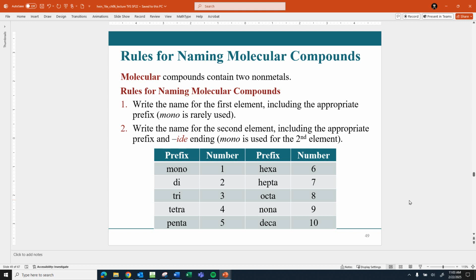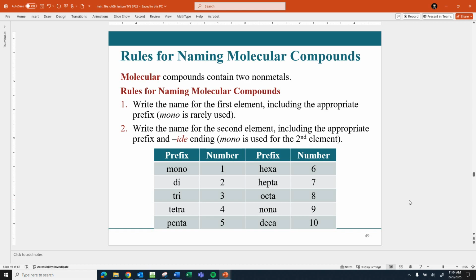Mono is 1. Dice, you normally only have 2 dice in a game. Right? Just try to think of something that will help you remember the prefixes. And it's really simple. The rules for it is write the name of the first element, include the appropriate prefix. If the first element has more than 1, it gets a prefix.